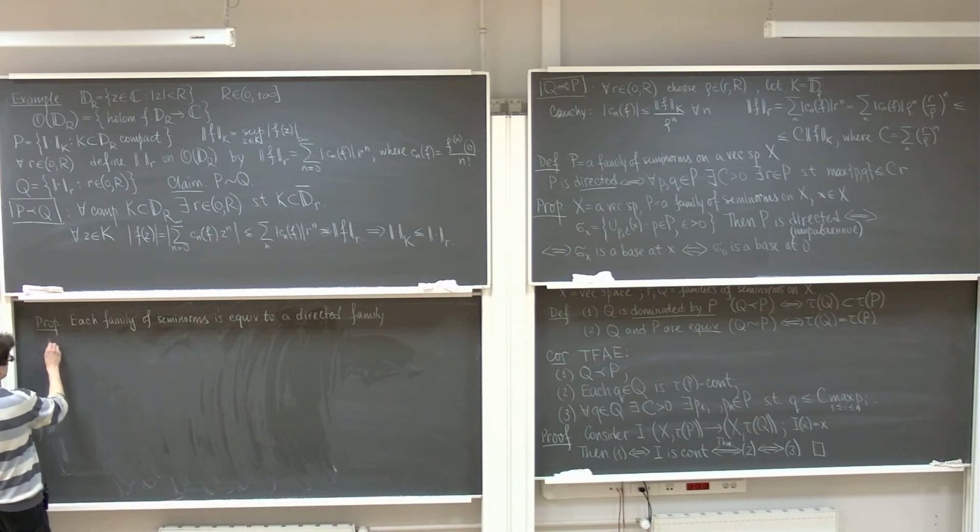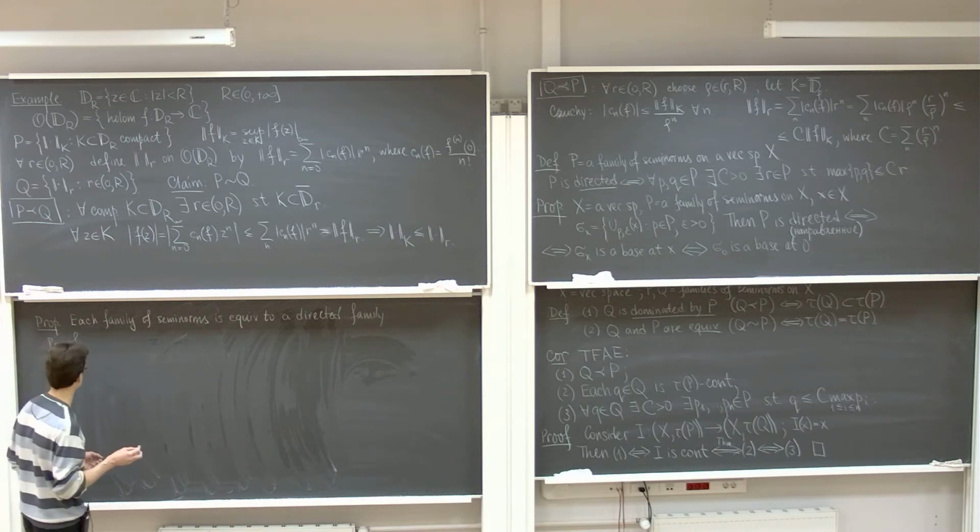The proof is very explicit. In fact, there are many concrete directed families which are equivalent to an arbitrary family.